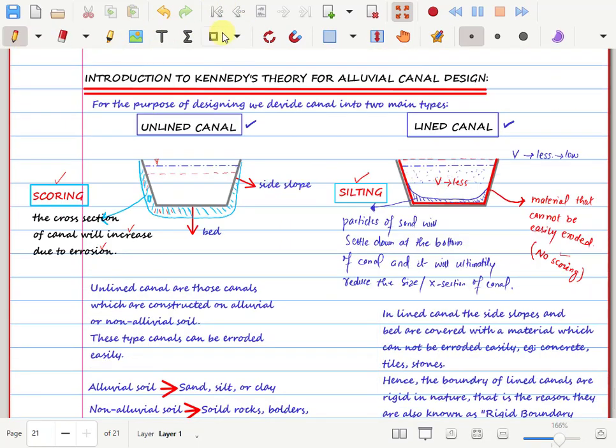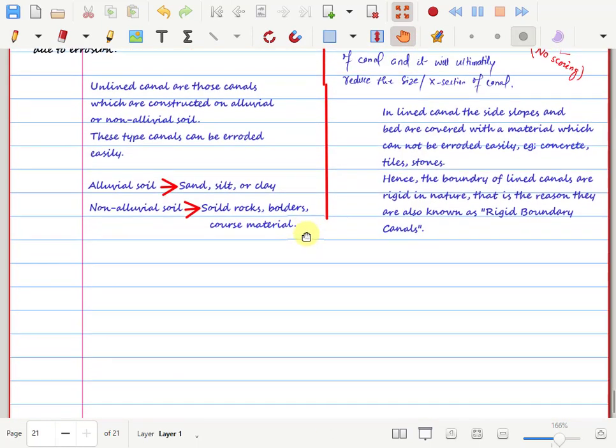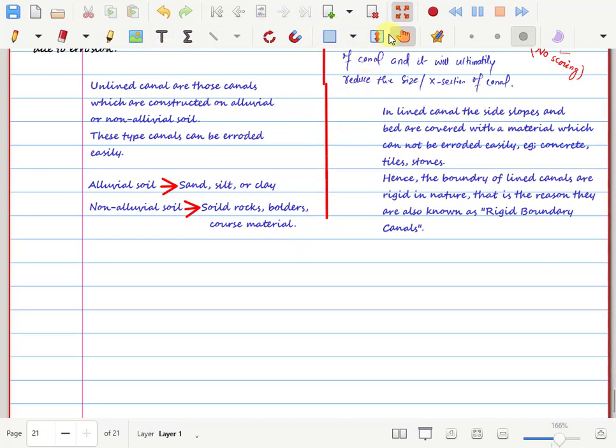So the point is that let me first make a portion to divide these two parts, lined and unlined canals. Okay.